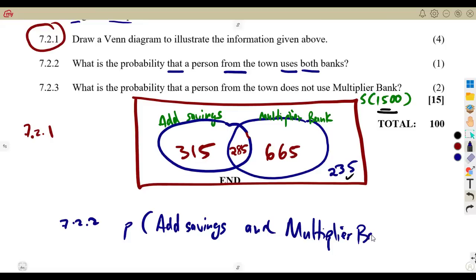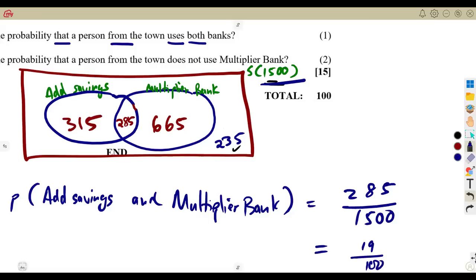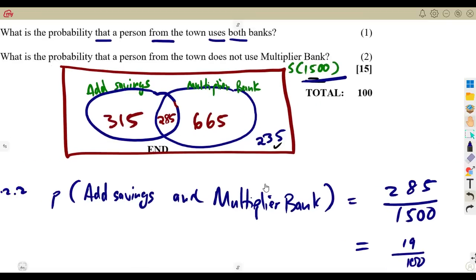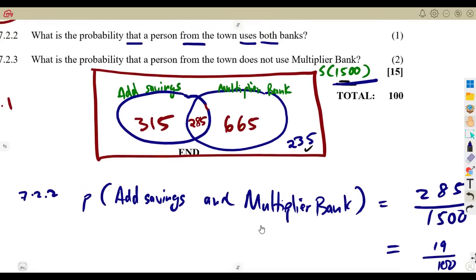So this is the 285. So that's 285 out of the total 1,500 people in that town. So that was going to give us 19 over 100, or you can have it as a decimal, 0.19. It's up to you. Or you can even have it as a percentage.